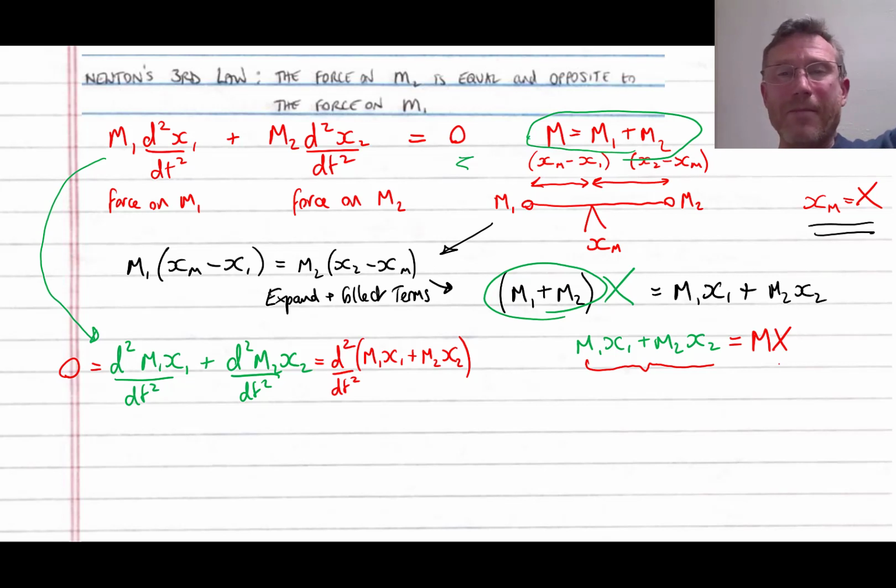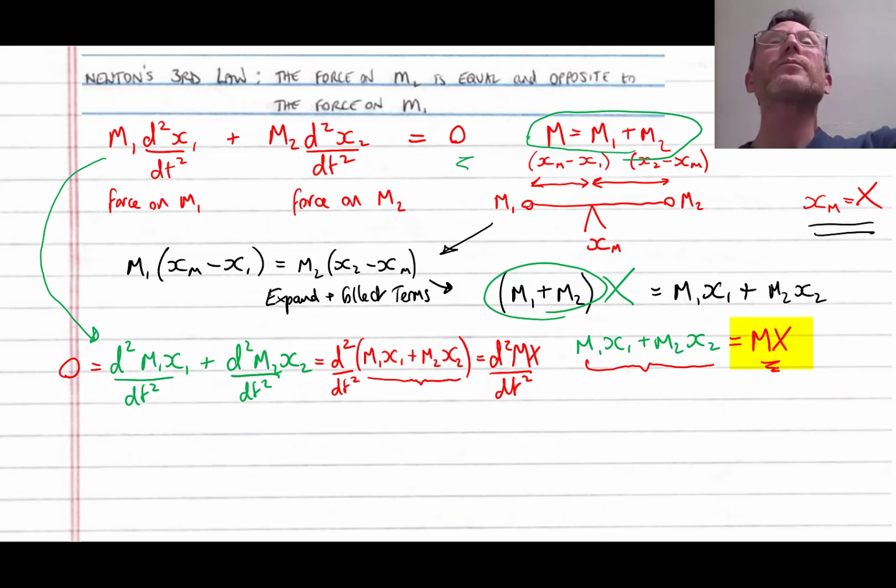Okay, so this term is equal to d squared mx by dt squared. So this expression in here is equal to this mx up here.